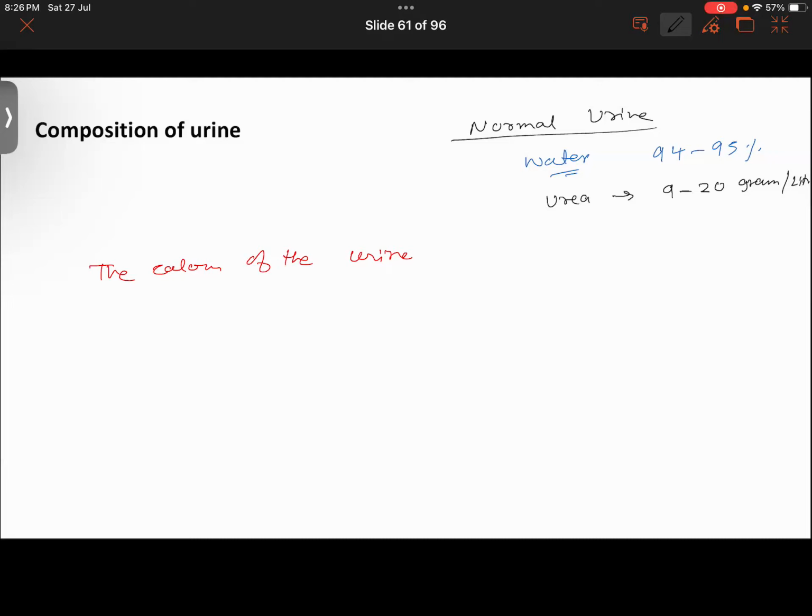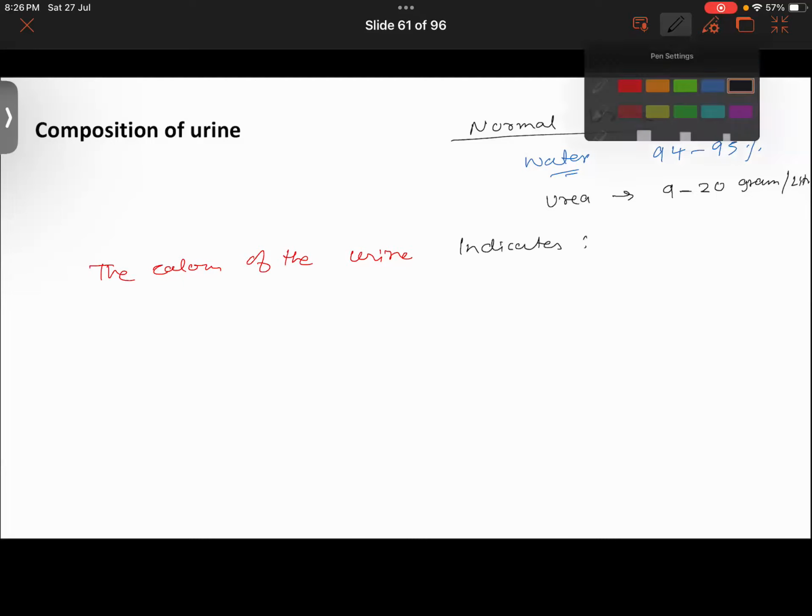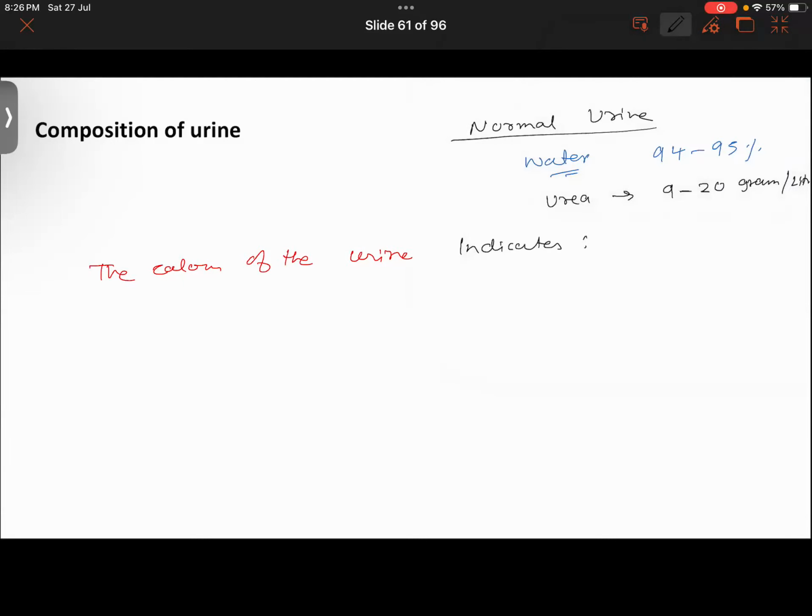So the color of the urine indicates whether the body of the person is normal, taking a good intake of water, or whether he is dehydrated.